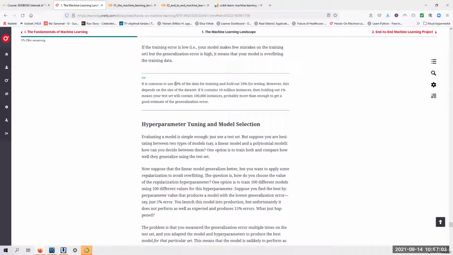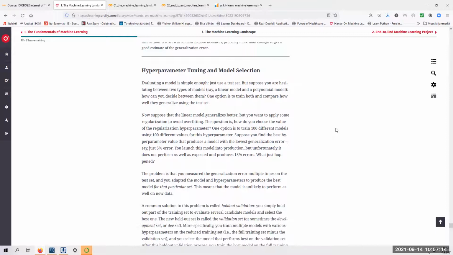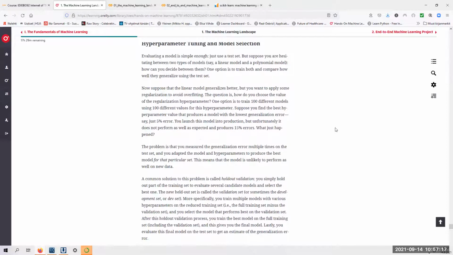So usually you use 80% of your data for training and 20% for testing, unless you have very large datasets. So evaluating is quite simple. In practice, you get some goodness value for your data, how well this test set will perform in the model that you trained with the training set.